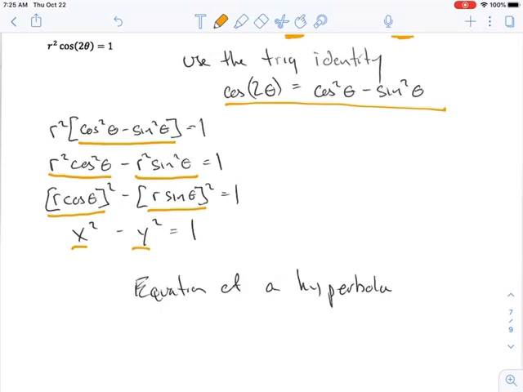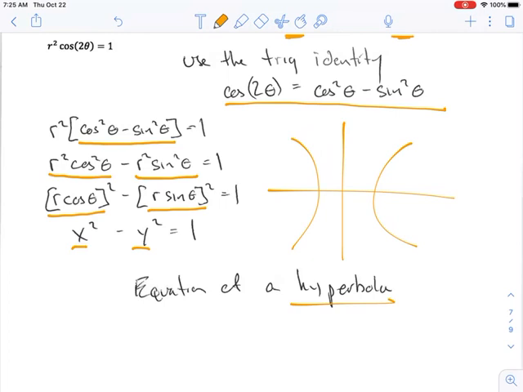And so we simply have x squared minus y squared equals 1, which is the equation of a hyperbola. All right. And a hyperbola is going to look something like that. It is going to cross the x-axis. It will not touch the y-axis.